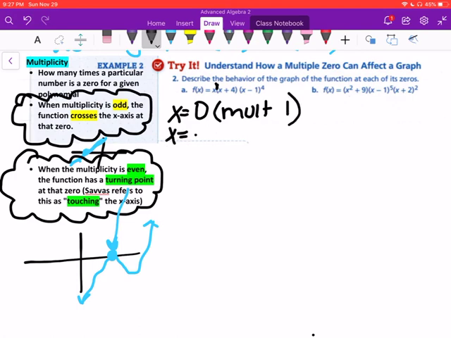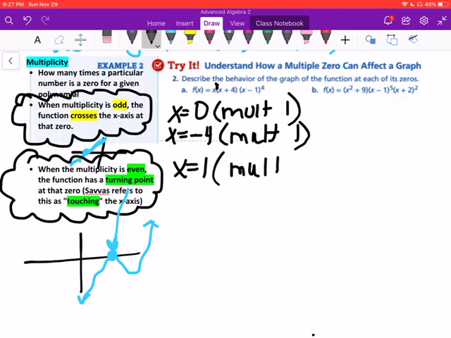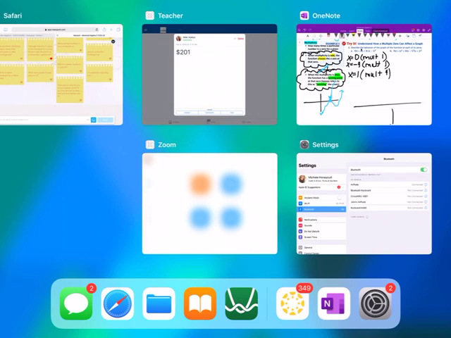X equals negative 4 has a multiplicity of 1. And then x equals 1 has a multiplicity of 4. Okay, so I'm going to draw an x and y axis. Whoops.